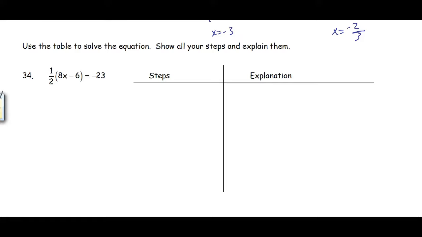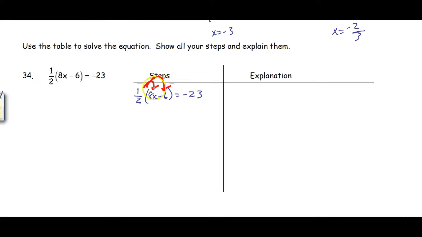Okay, so we have to show step by step what we are doing. So what I'm going to do is just go ahead and rewrite my problem and the steps so that I can show everything that I am going to do here. Okay, so let's go ahead and start. Our first step here is to distribute.